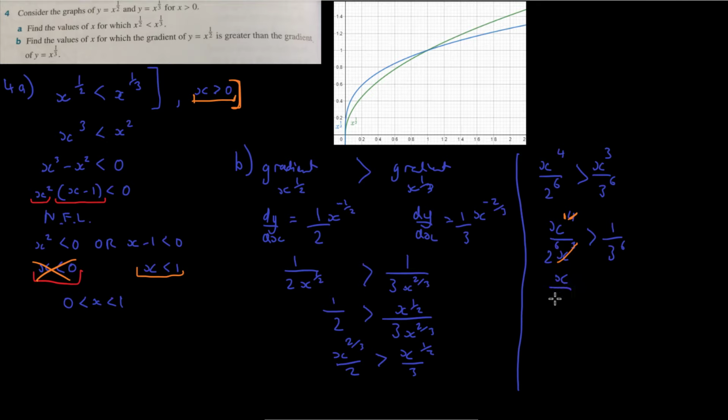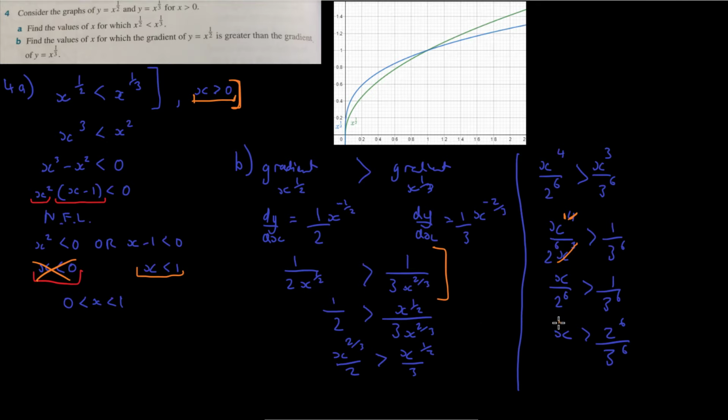So we've got x over 2 to the power of 6 is greater than 1 over 3 to the power of 6. Let's get the x on its own. x is greater than 2 to the power of 6 over 3 to the power of 6. So find the values of x for which the gradient, for this statement, what does x have to be?